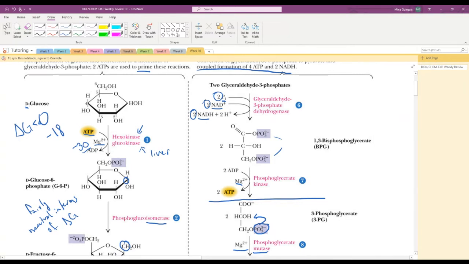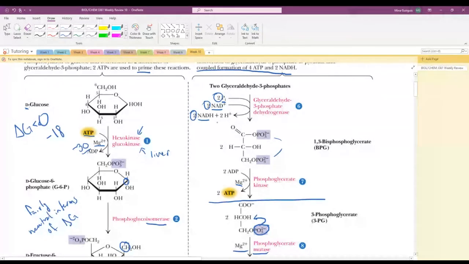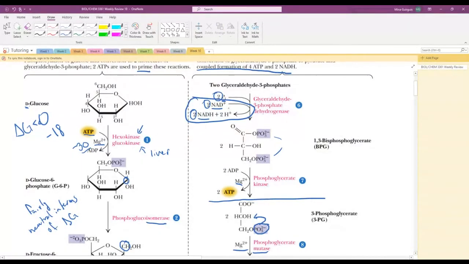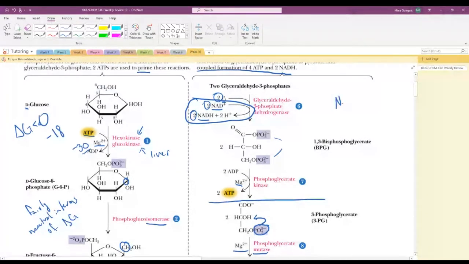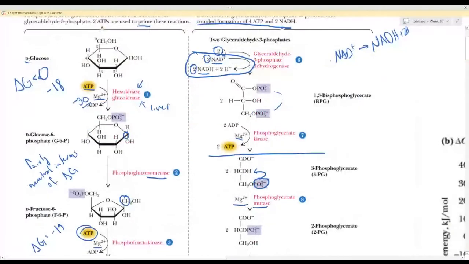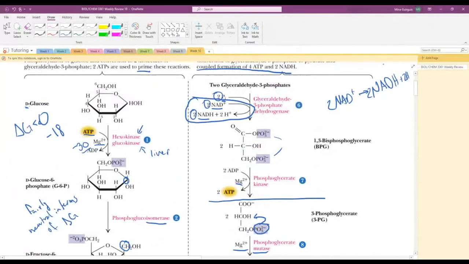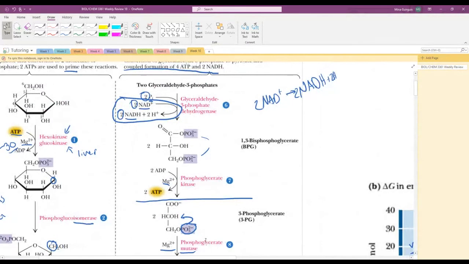The reason that I scrolled up to this reaction is because this is redox, right? We're going from NAD plus to NADH and 2 electrons. I should put the 2's here. But the point is, this reaction gives us more reducing power.